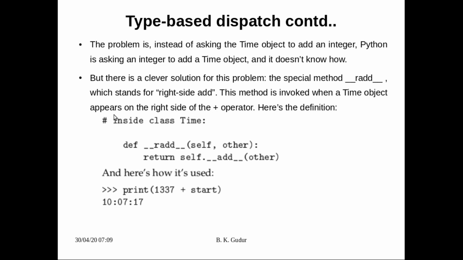So here is the definition: define __radd__ self, other, and it will return self.__add__(other). Whenever the integer is at the beginning, we can use this radd to call the particular method. You can execute this and see the output on your own. Okay, so a very simple thing.